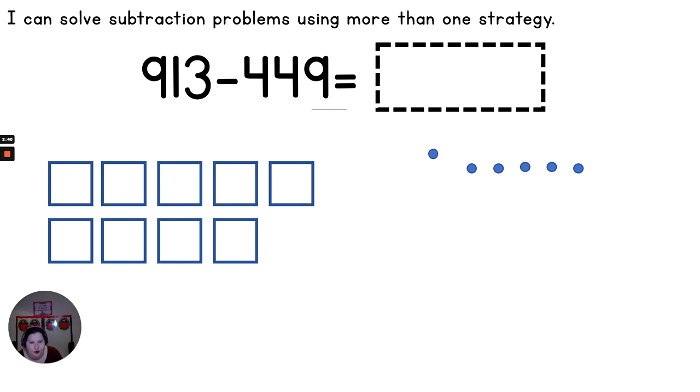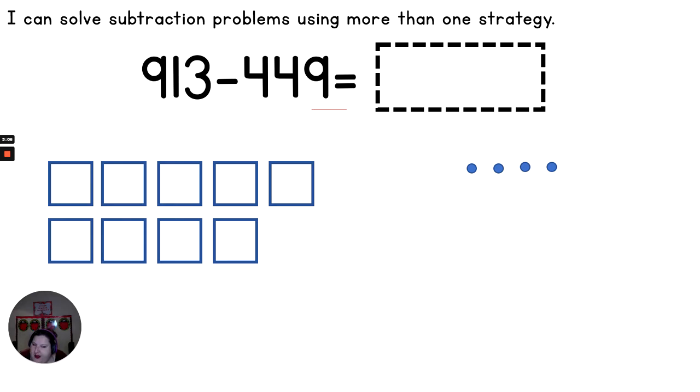So that was 2, 3, 4, 5, 6, 7, 8, 9, 10. Now let's take away 9. 1, 2, 3, 4, 5, 6, 7, 8, 9.